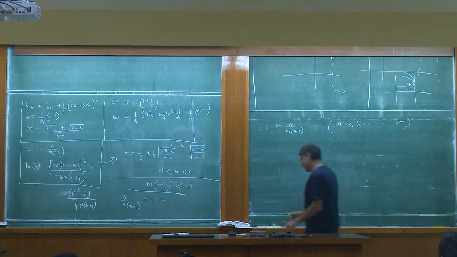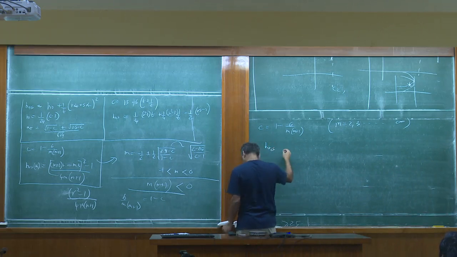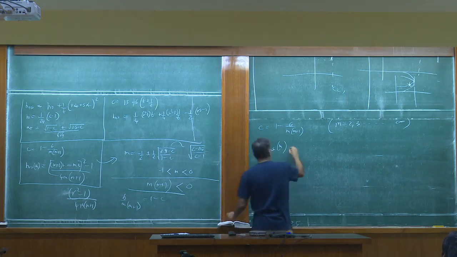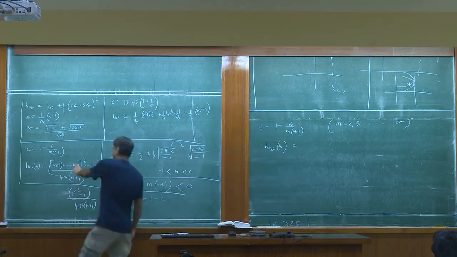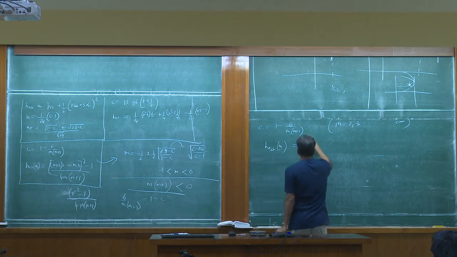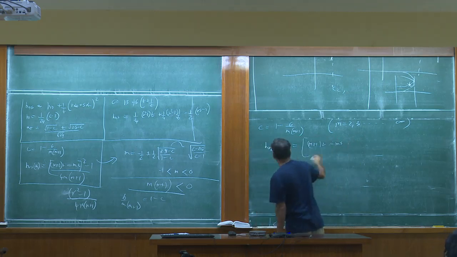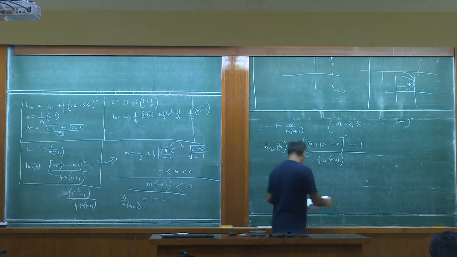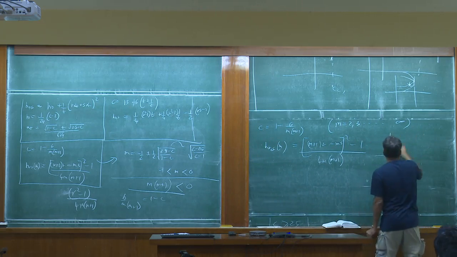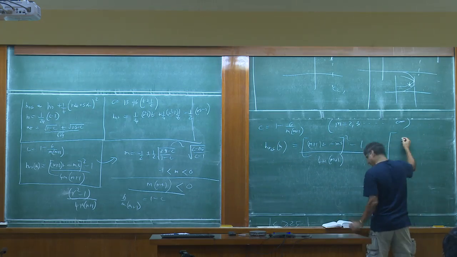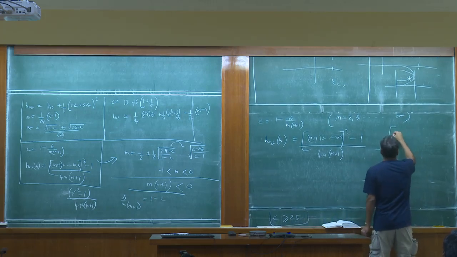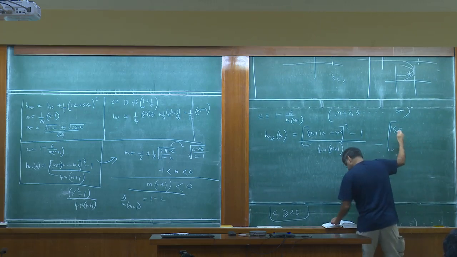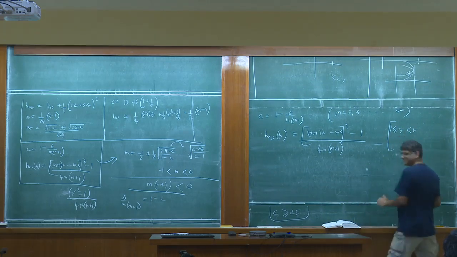The answer to that is that the allowed values of H are h_{r,s}(m) equal to, it's the same thing, but I'm just writing it again, ((m+1)r minus ms) the whole thing squared, minus 1, divided by 4m into (m+1), except that we have the following restriction and ranges. 1 is less than or equal to s, which is less than or equal to r.